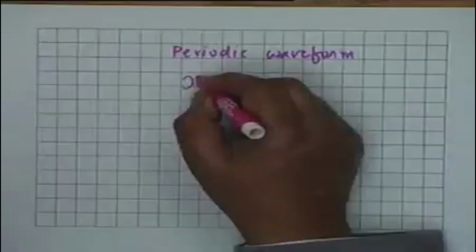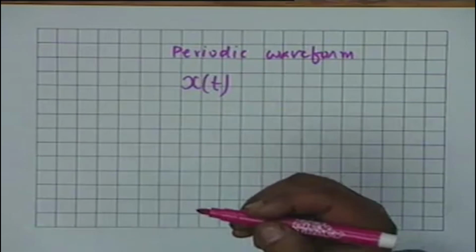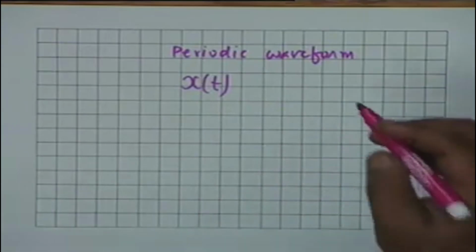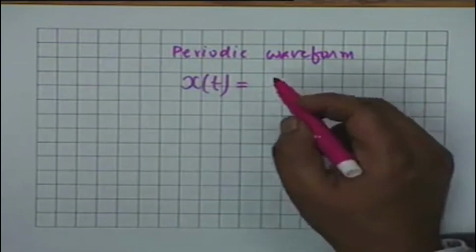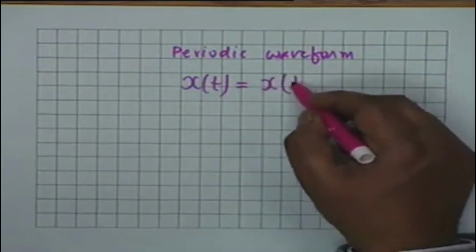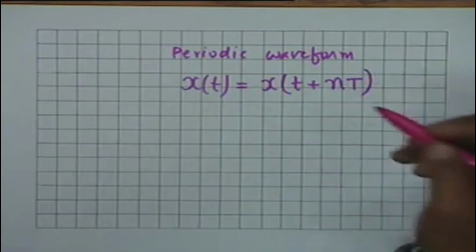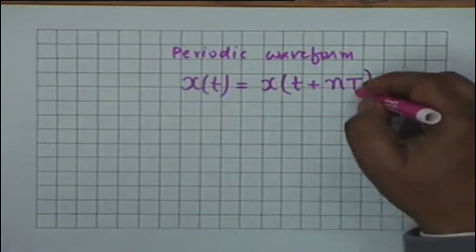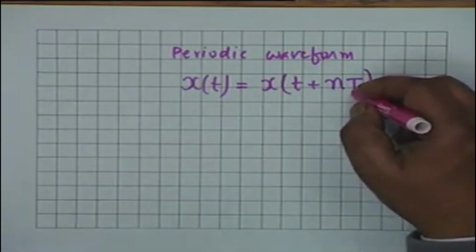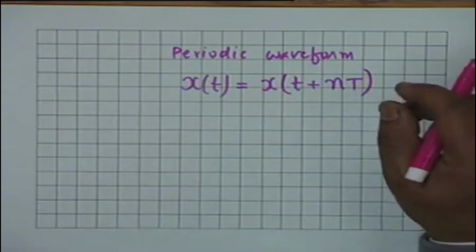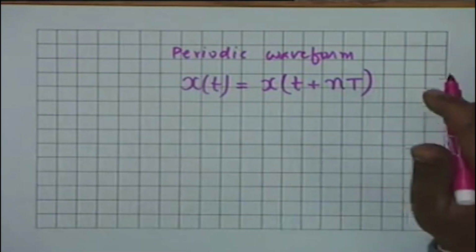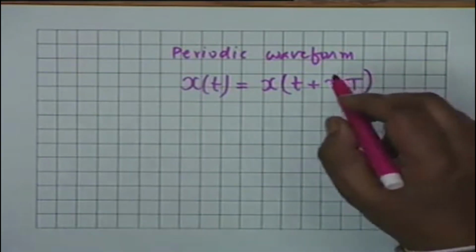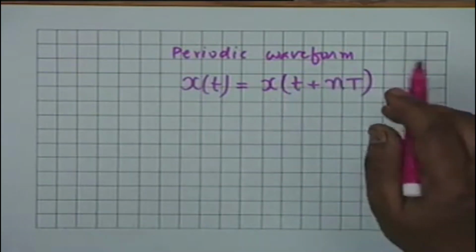A function x of t is said to be periodic if x of t is equal to x of t plus nT, where capital T is a constant and n is an integer, positive or negative including 0. X of t is said to be periodic.